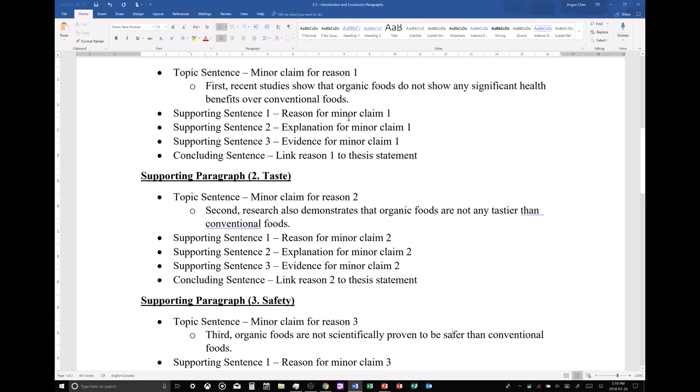Okay, you could use this structure to build your own reason for support for your minor claim now, and then you can explain this reason that supports this claim. So I'll say it again.